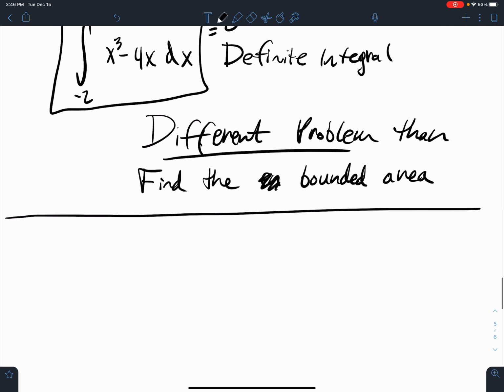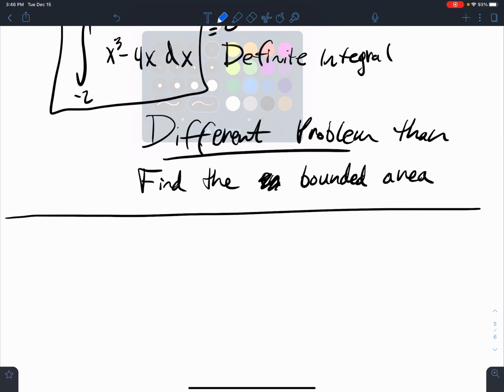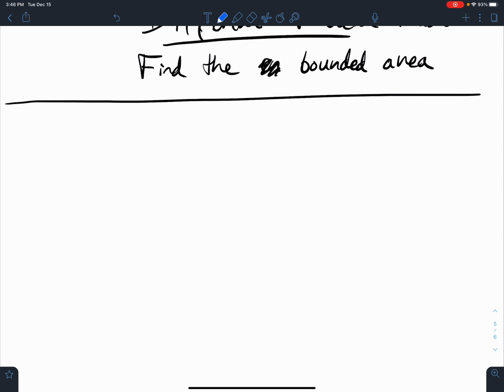We'll do one more just because I had requests to do more examples, so I'm going to add on to the example here. So find the integral from 0 to 2 of x squared minus 16 dx. Okay, so let's just calculate this.